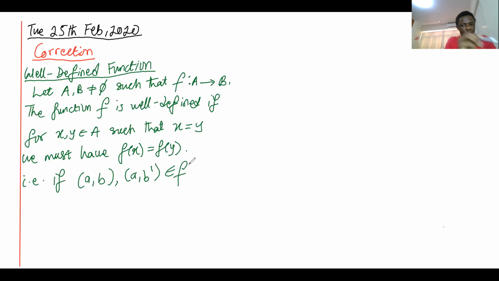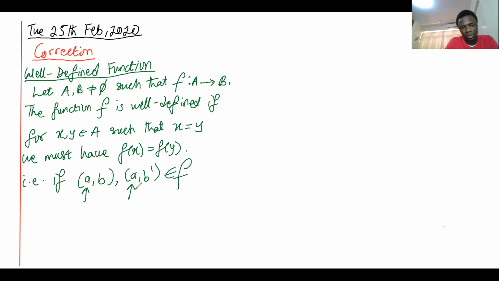Remember, a function is a relation, and a relation is a set of ordered pairs like that. So whenever these two ordered pairs belong to f, you can see that the A's are the same, the arguments are the same.